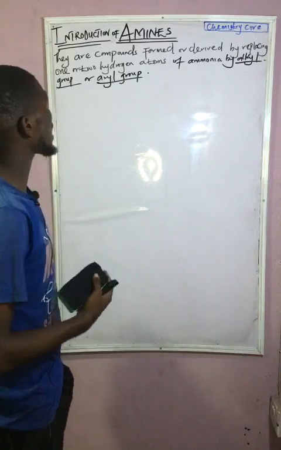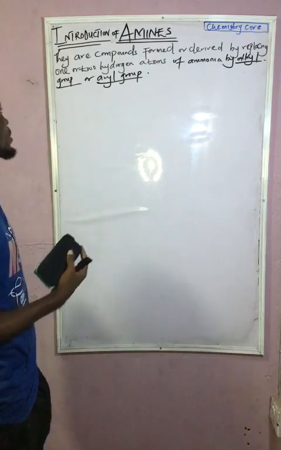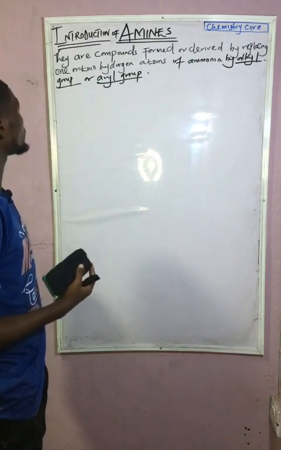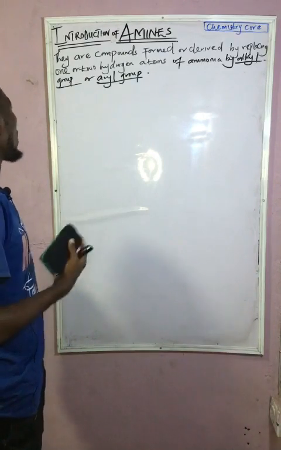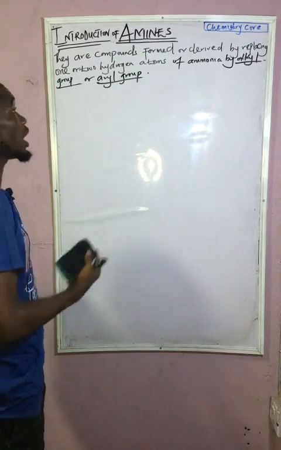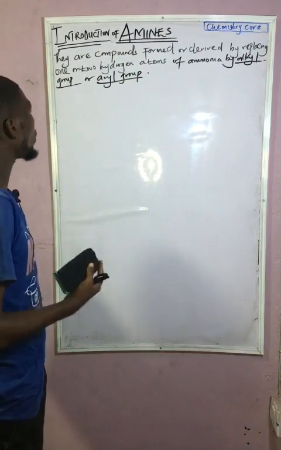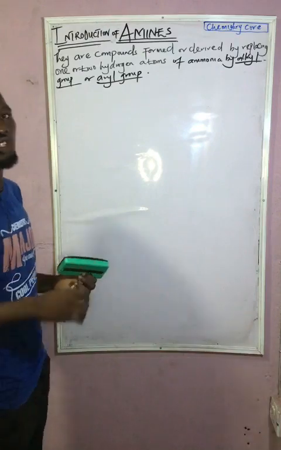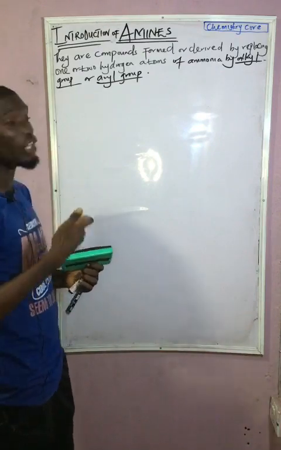But one thing you should note about this is that they say they are compounds formed or derived by replacing one or two hydrogen, or we can say one or more hydrogen atoms of ammonia by alkyl group or aryl group. If you can still remember that, what is the meaning of alkyl group?